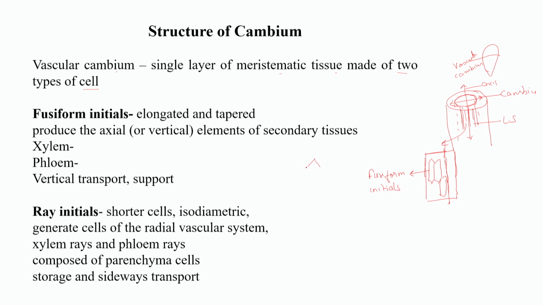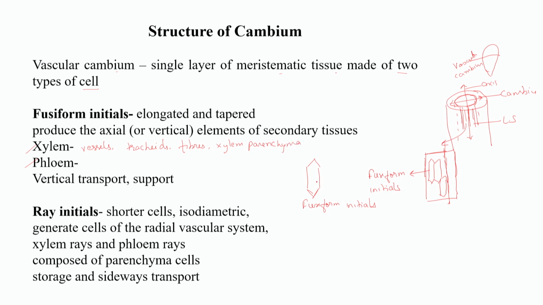These fusiform initials will produce all the secondary tissues of xylem and phloem. What are the components of xylem? You have vessels, tracheids, fibers, and xylem parenchyma.